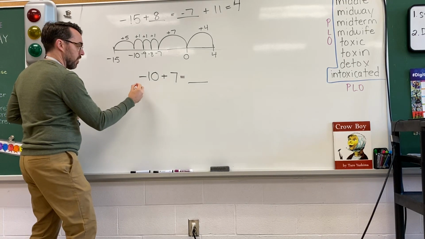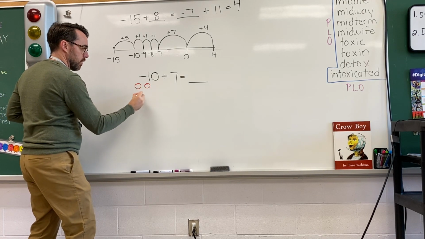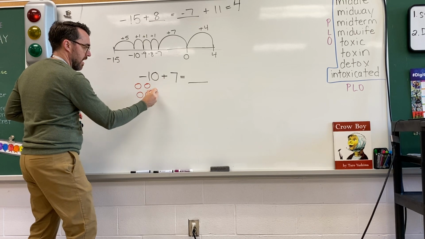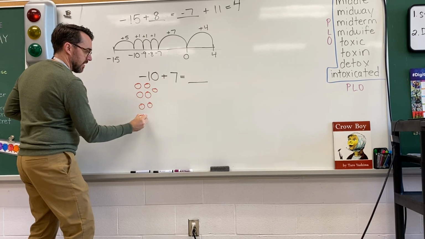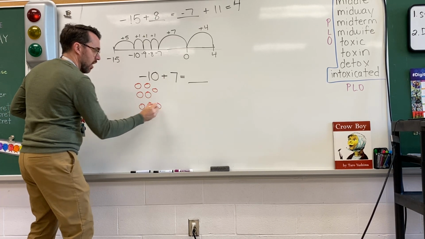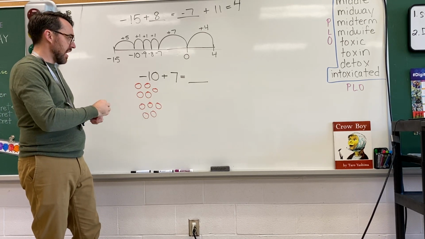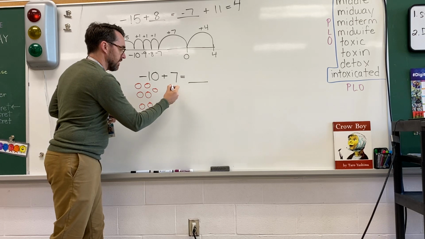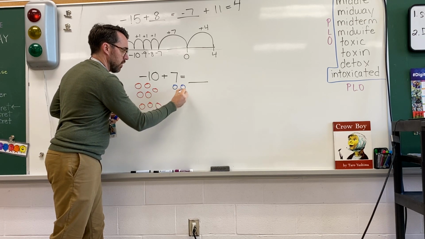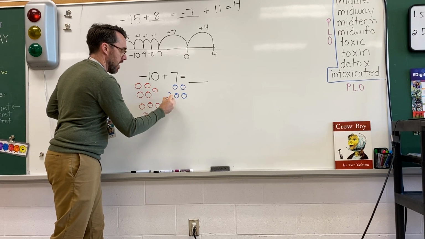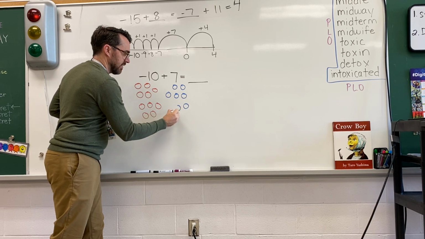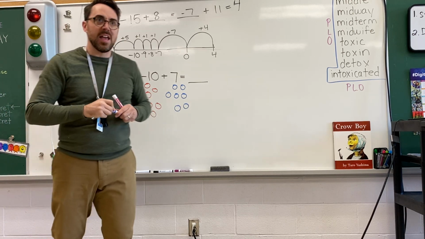So I will draw 10. 1, 2, 3, 4, 5, 6, 7, 8, 9, 10. I'll group them nice like that so I can easily see them. That's 10, okay? And I'll draw 7. 1, 2, 3, 4, 5, 6, 7. Okay?